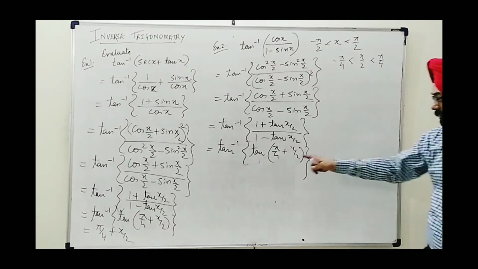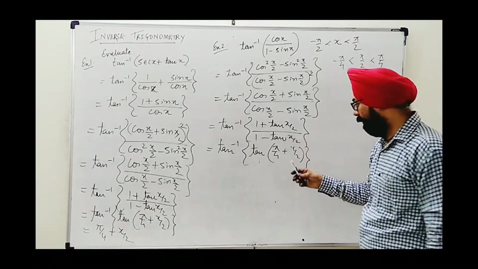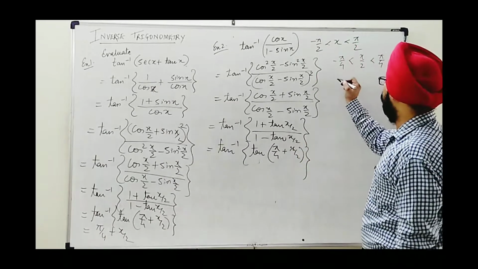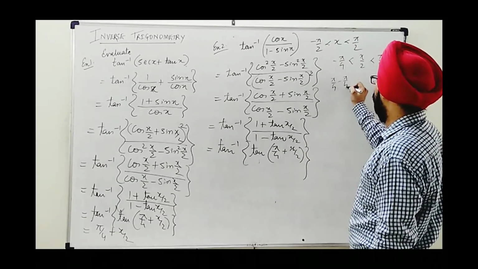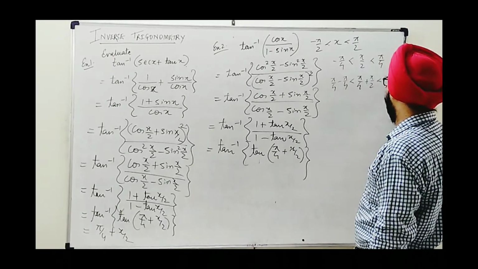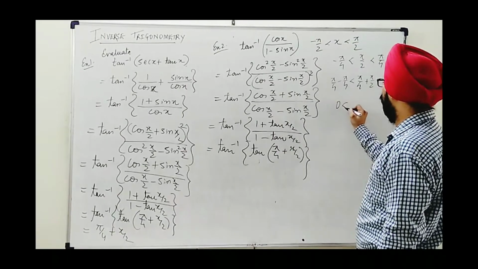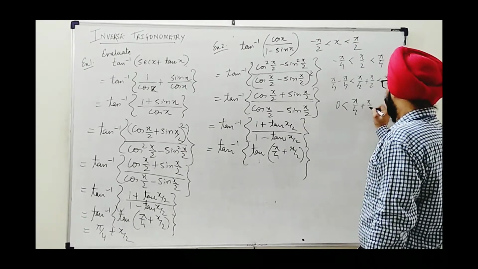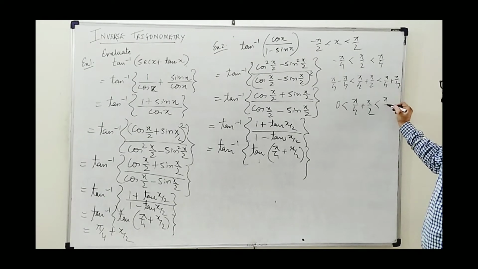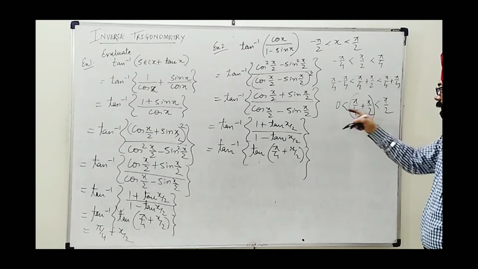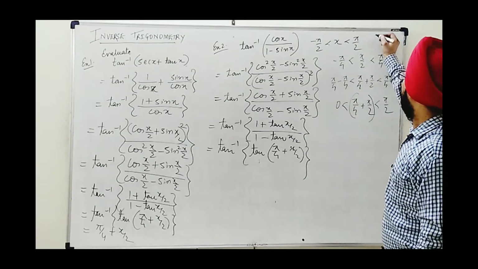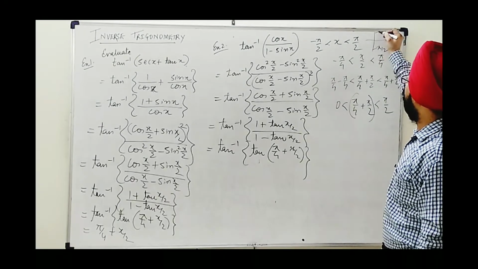Next, we need to add pi by 4 in each term. So add pi by 4 every time. Pi by 4 minus pi by 4 is 0, then pi by 4 plus x by 2, less than pi by 4 plus pi by 4, which is pi by 2. Here the angle required is between 0 and 90 degrees, that is the first quadrant, and our requirement is minus pi by 2 to pi by 2.